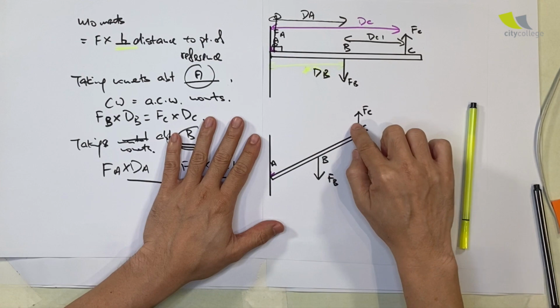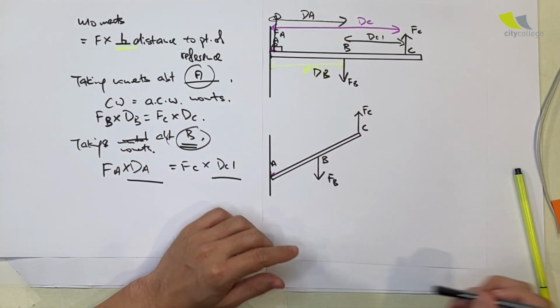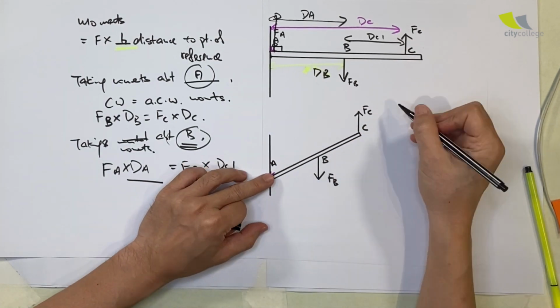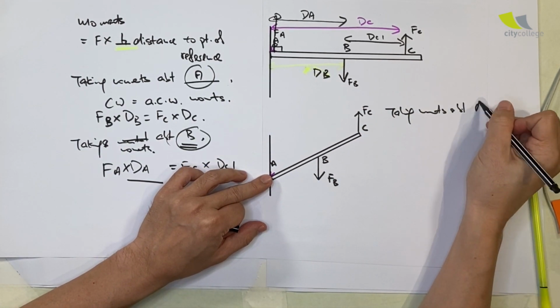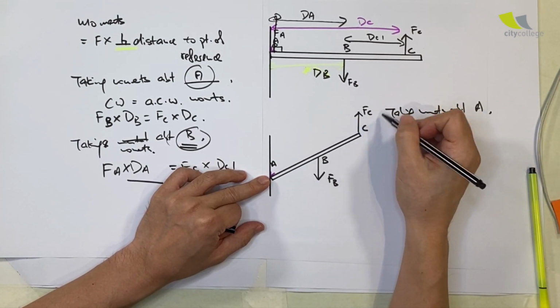Later on in your questions, you are going to see questions like this, where the forces and the plank are not perpendicular. When you calculate, let's say we take moments about A, or sometimes they say A is the pivot, then we know that we have to use FC.